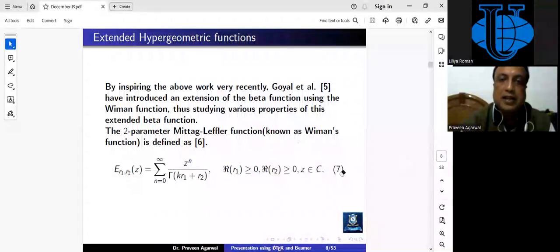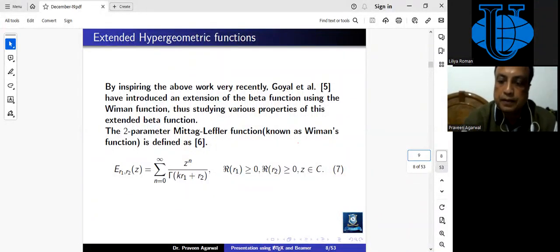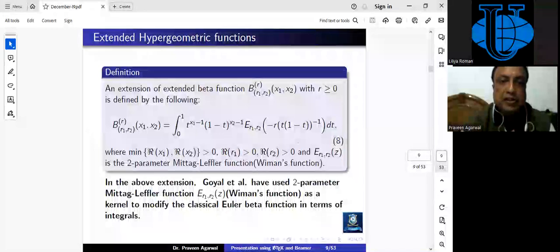So it is basically a two-parametric beta function. Then the definition of the extended beta function is given by equation 8.